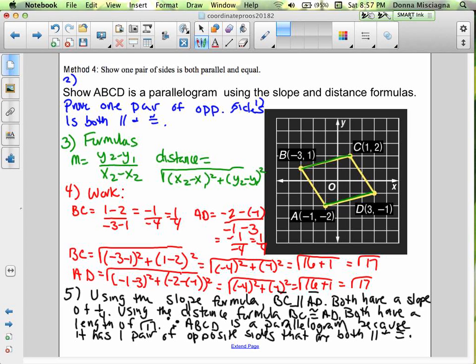So, using the slope formula, BC is parallel to AD. Both have a slope of 1/4. Using the distance formula, BC is congruent to AD. Both have a length of square root of 17.